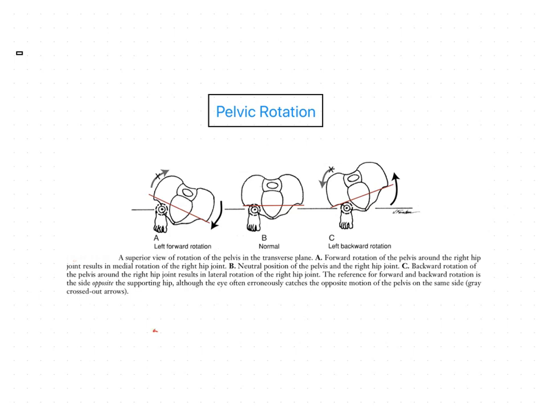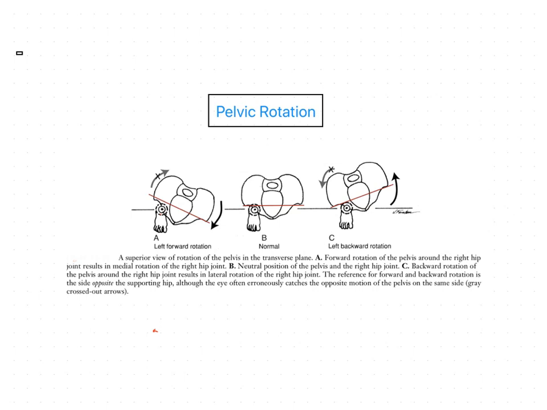For example, here the right hip is the axis, and the right leg is the single leg support. So the right side hip joint acts as an axis here.